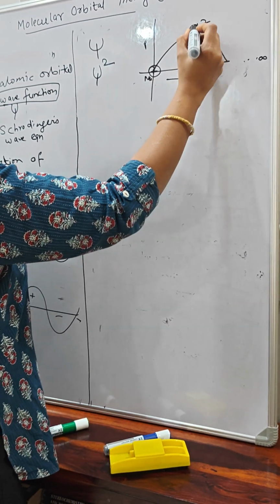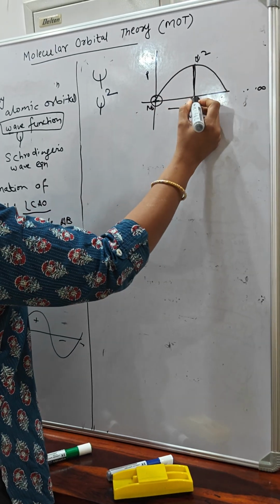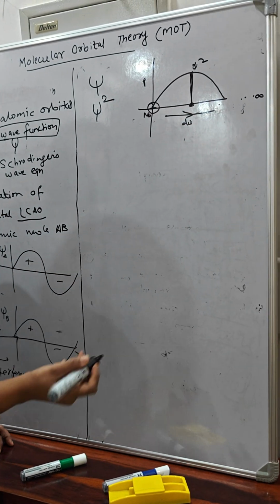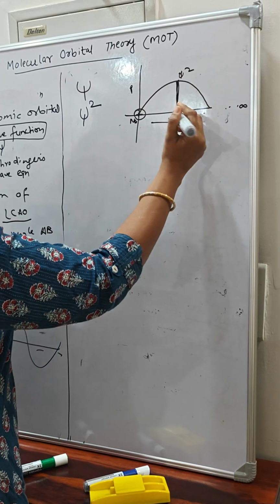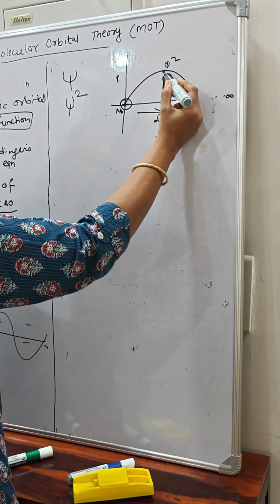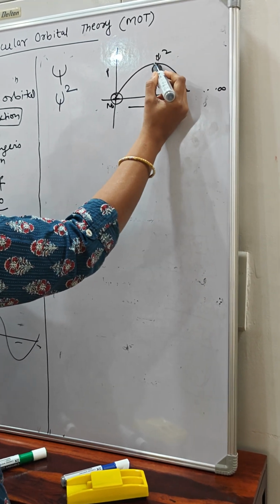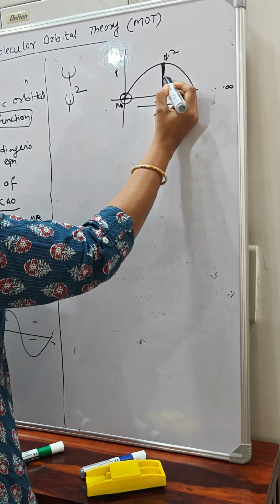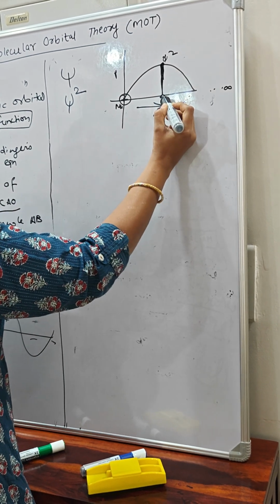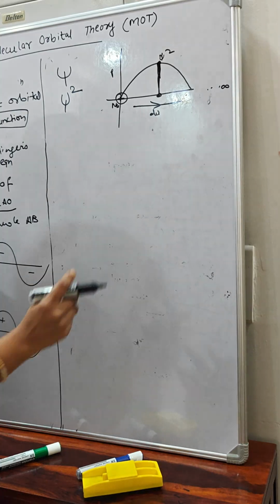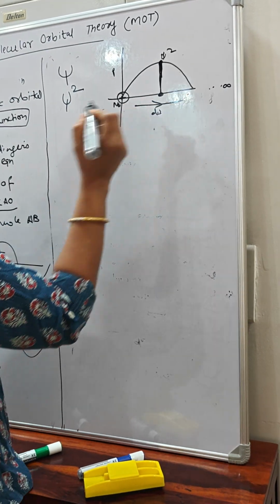So this psi square represents the probability of finding an electron at a particular distance. In this wave function, at this place it is the maximum probable place to find an electron.